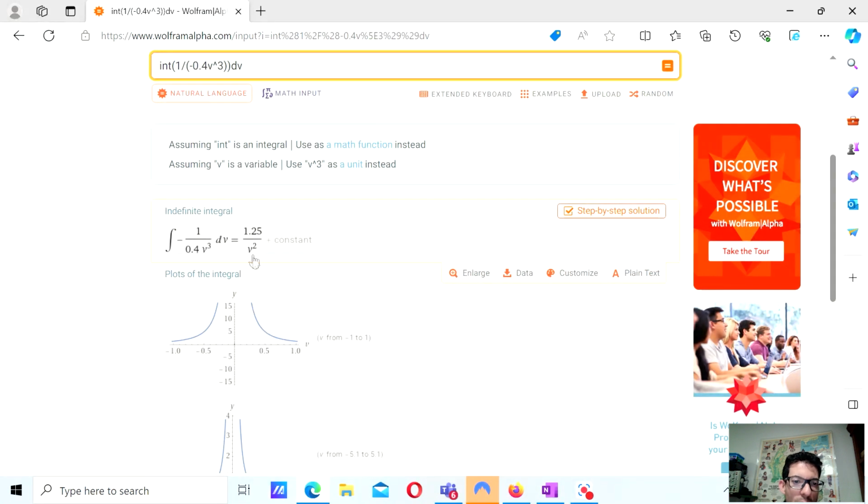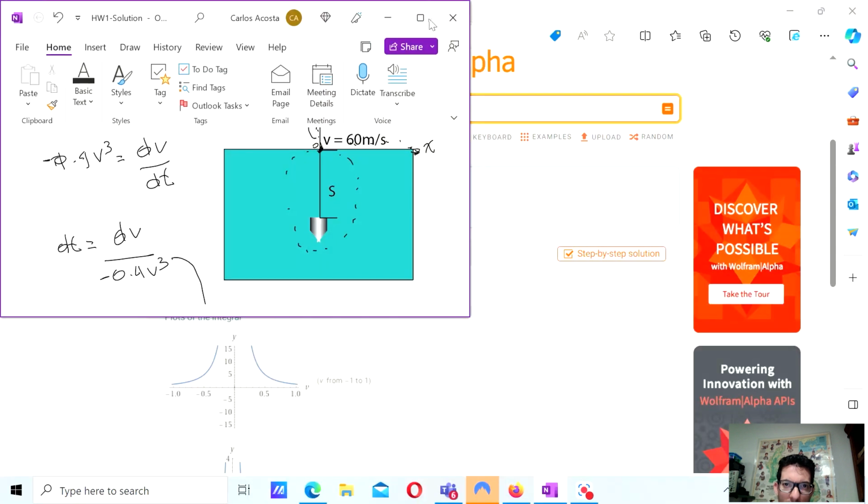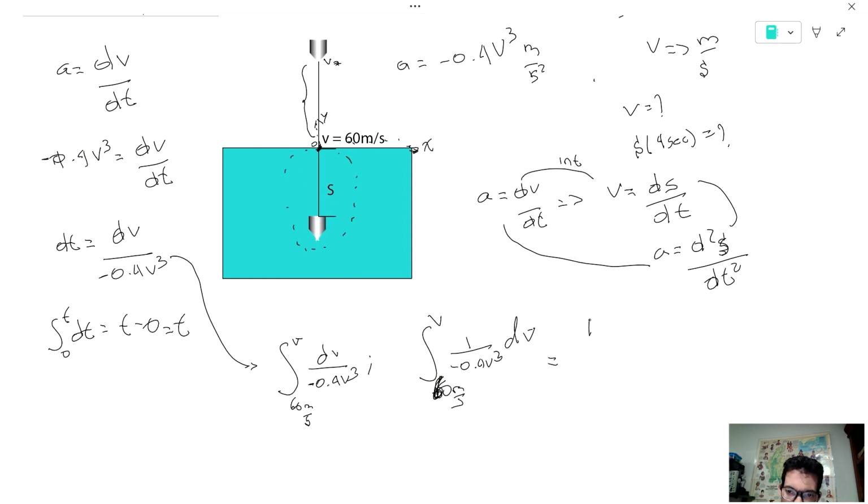So it's 1.25 over v squared, evaluated from 60 meters per second to the variable v.